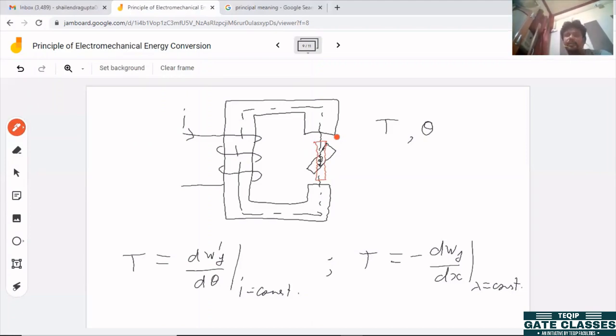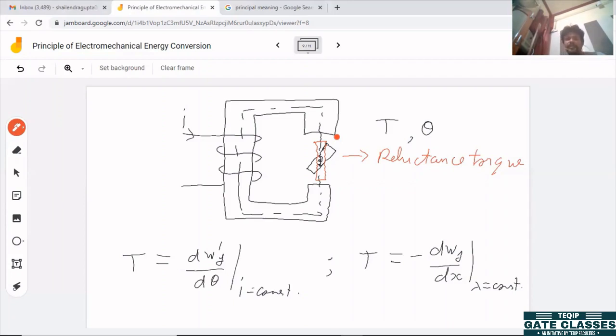The soft iron will try to align with the core. This is also called reluctance torque. Based on reluctance torque, we have machines like the stepper motor and reluctance motor, which use this principle to convert electrical energy into mechanical energy.